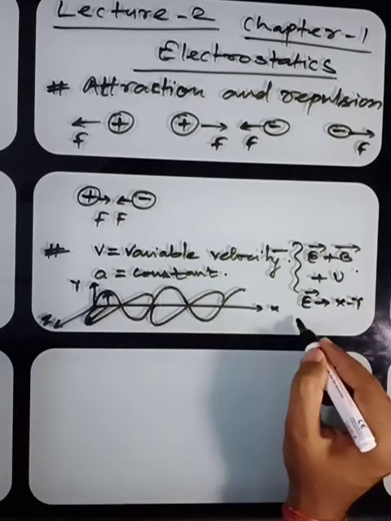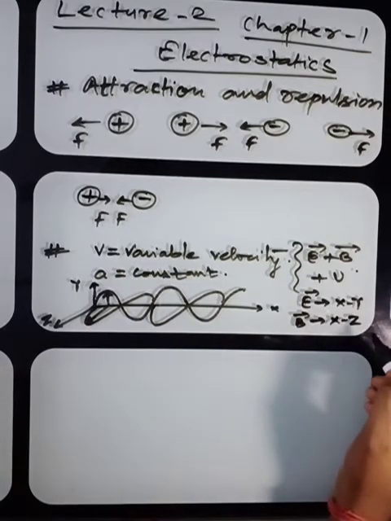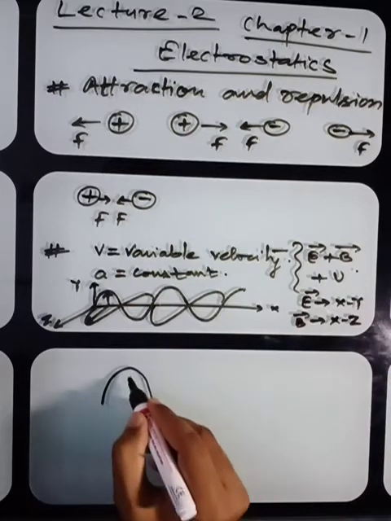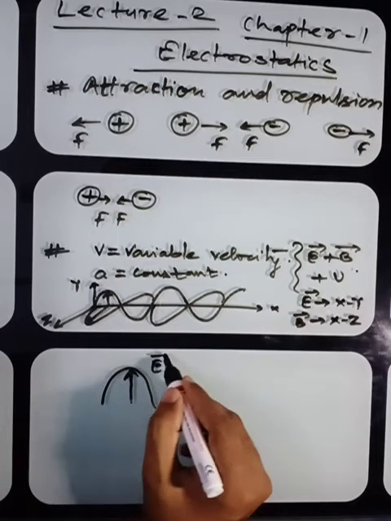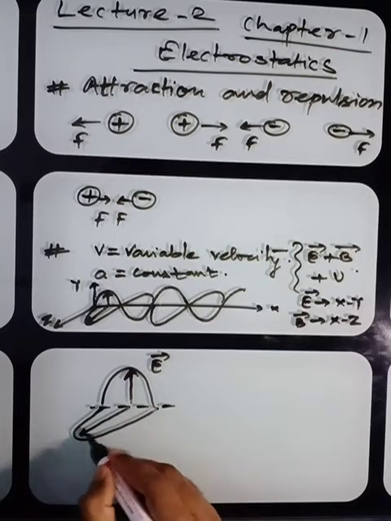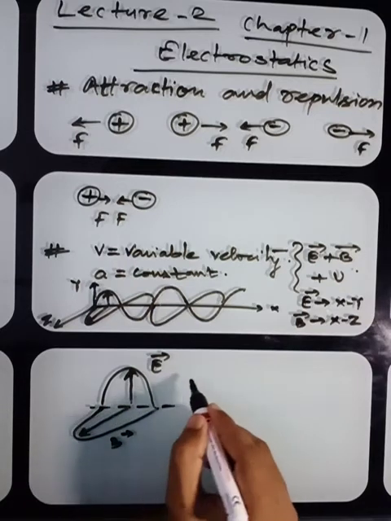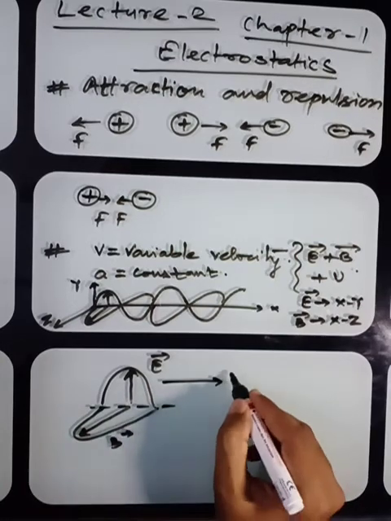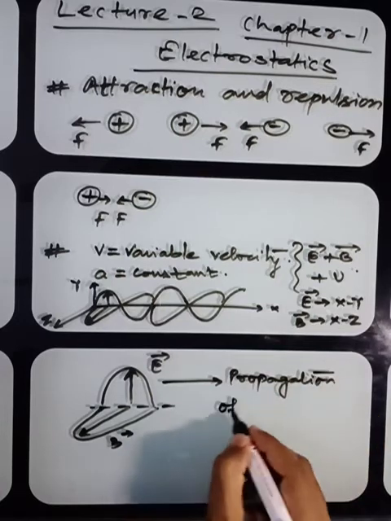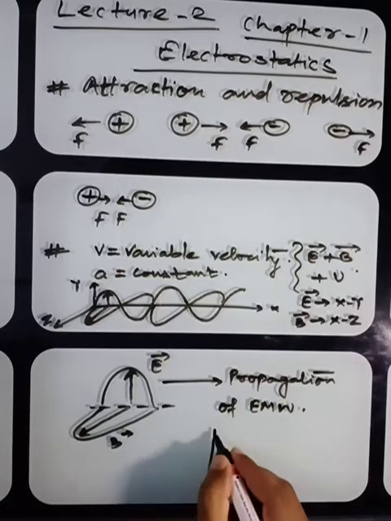Plane. Magnetic field in XZ plane. So that the magnetic field and electric field, this is the electric field E, and this is the magnetic field B, and this is the direction of propagation of electromagnetic wave.